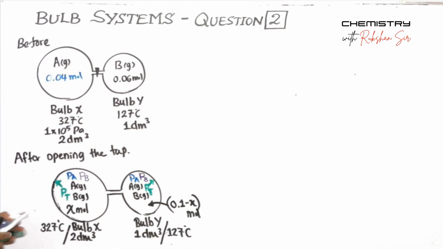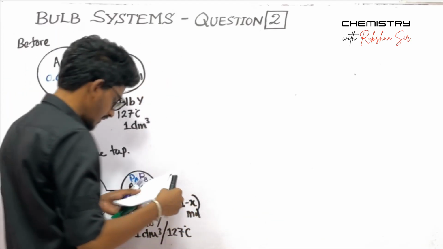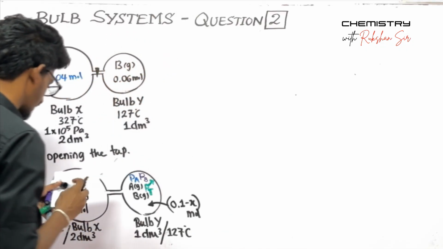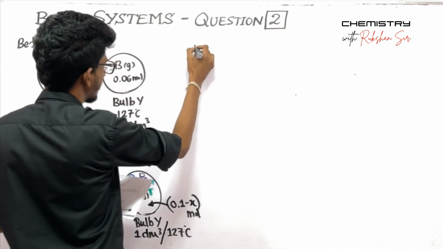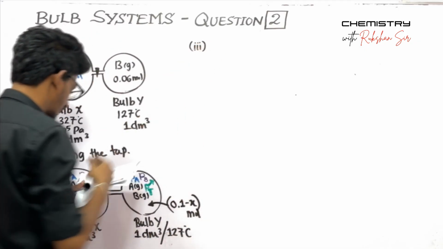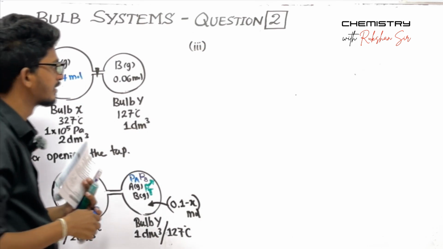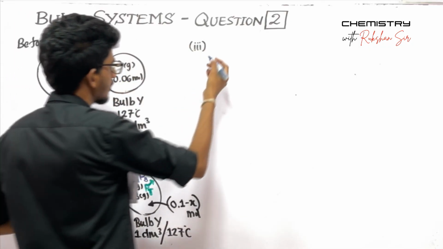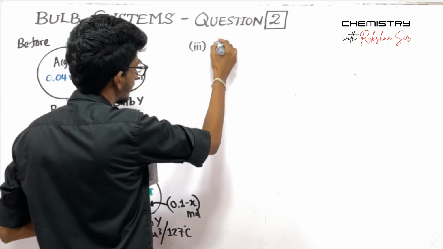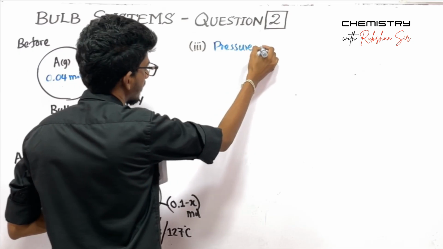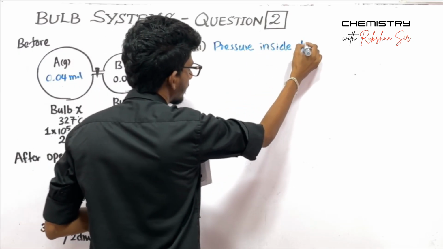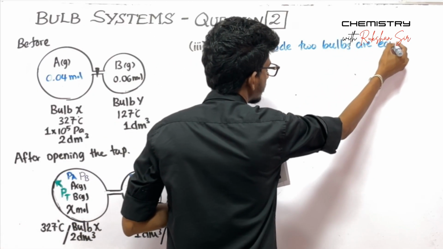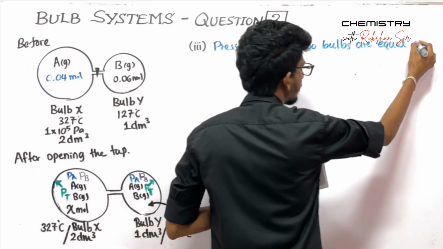Okay, so let's apply this here. Roman number 3: what they're asking is the amount of gas inside bulb X. When solving these kinds of questions, our major idea is that the pressures inside the two bulbs are equal, as P total.